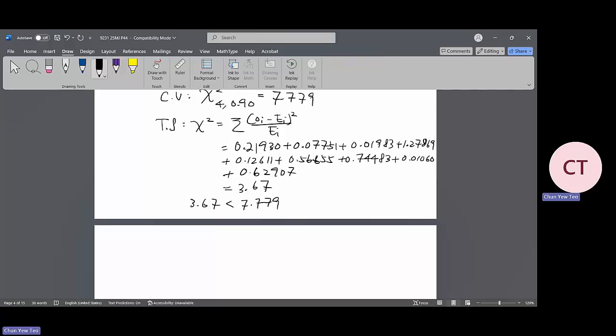So this one will be your test statistic is less than the critical value. Over here means you're supposed to do not reject H0.